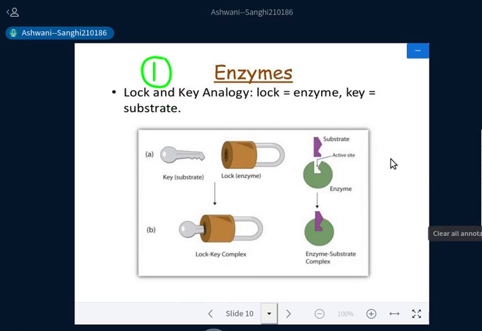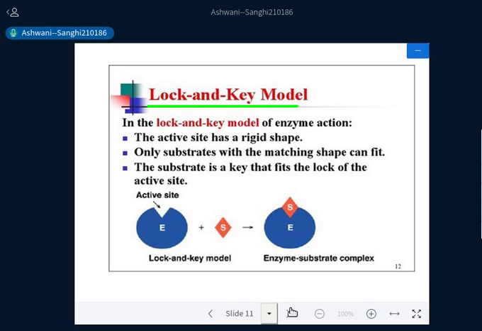First is the lock and key hypothesis. It means imagination. Suppose we have to remember anything, we make a picture of that object in our mind. So the first scientist, Emil Fischer, gave the lock and key model or lock and key hypothesis.